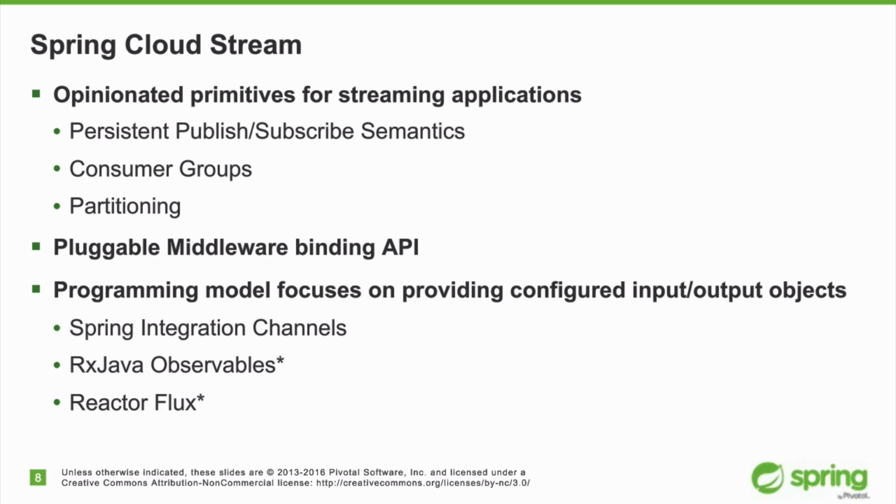Every message that's sent to the topic will arrive at each of those consumer groups. Within a consumer group, you could have multiple instances, and then they will either have just round-robin load balancing or actual partitioning if you provide a property that specifies what key you want to partition on. So that's the model. If you're familiar with Kafka, we've basically mapped that directly to Kafka in our Kafka implementation of the binder, and we've mapped those concepts onto Rabbit for the Rabbit implementation of the binder.